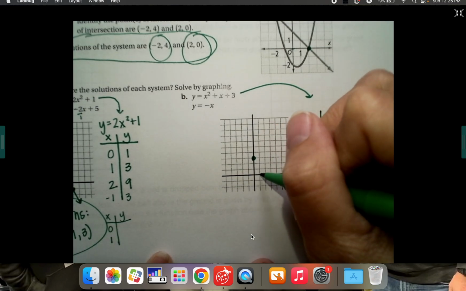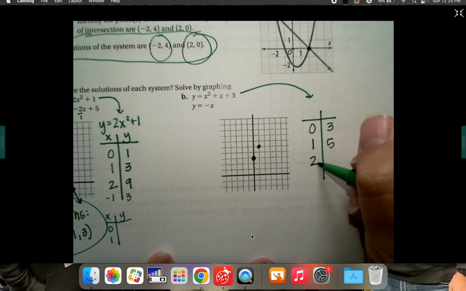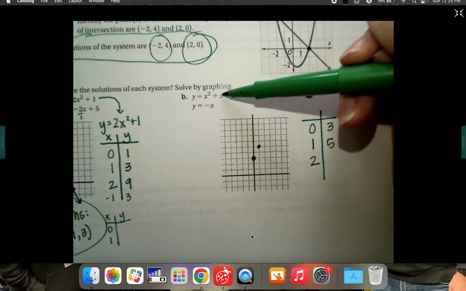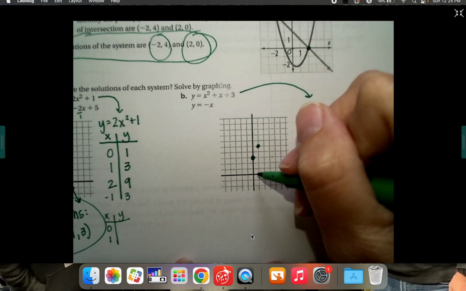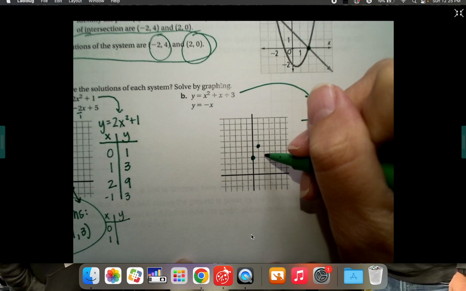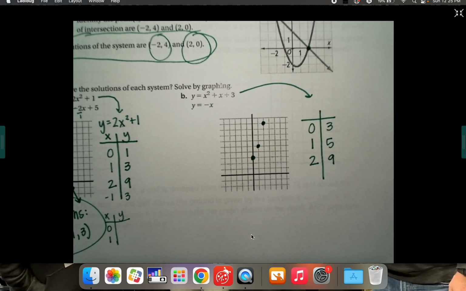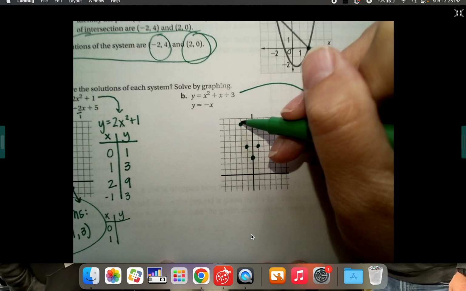So I'm going to put a dot at 1, 5. And let's say I pick a 2. 2 squared is 4. 4 plus 2 is 6. Plus 3 is 9. So 2, 9. And because we know that this parabola is just going to reflect over, we can put a dot there and here as well.